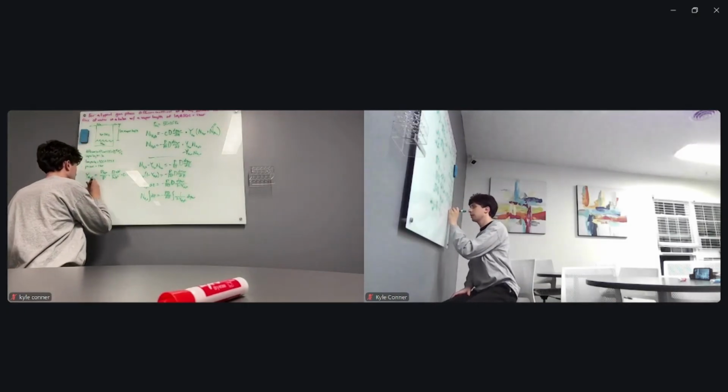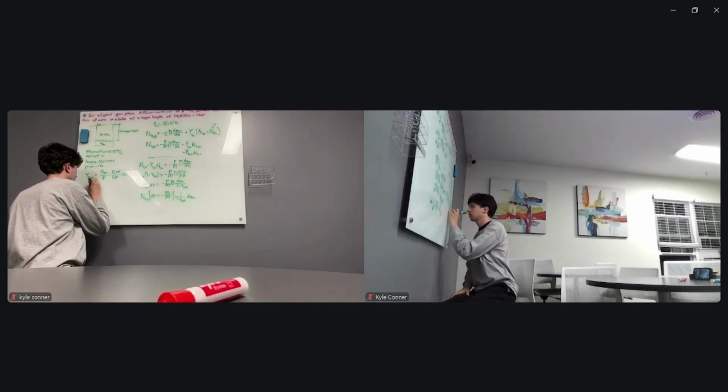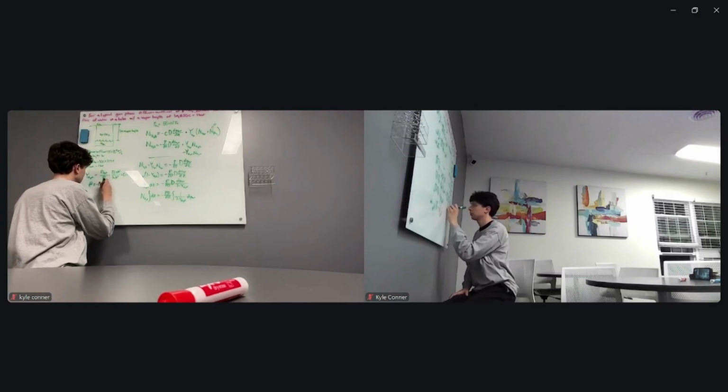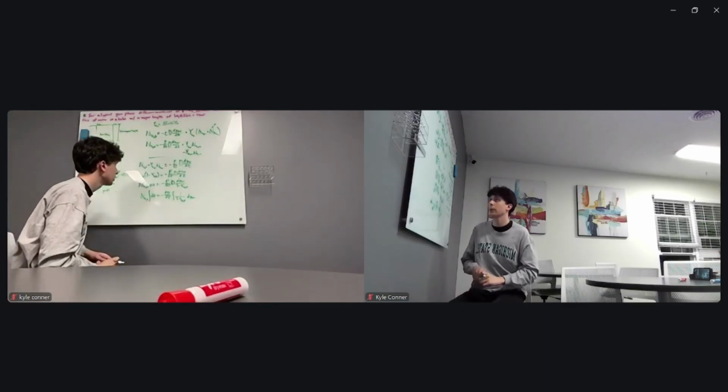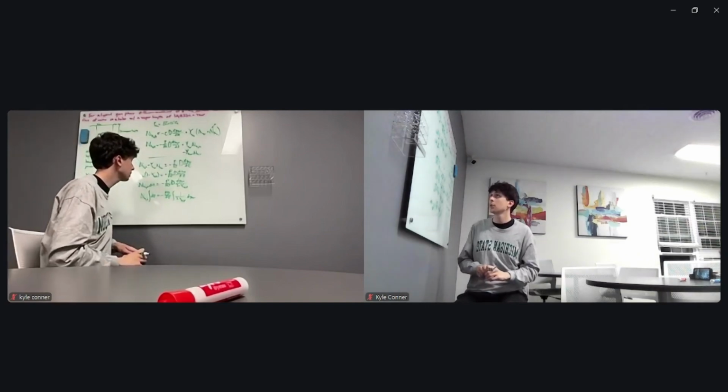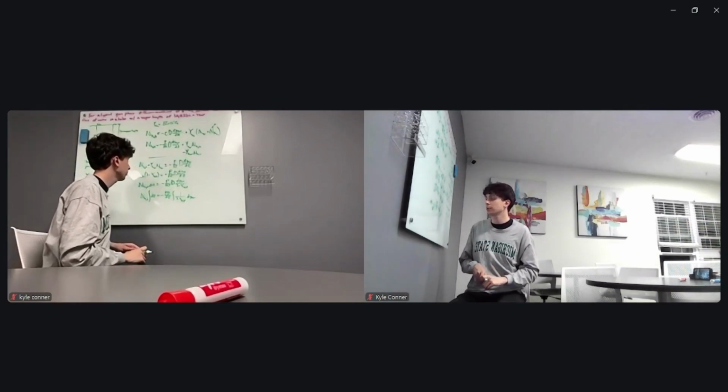So this helps us: at z equals 0, y is equal to 0.12, and at z equals 1, y is equal to 0. So now that we have bounds on our equation, we can figure out this derivative.